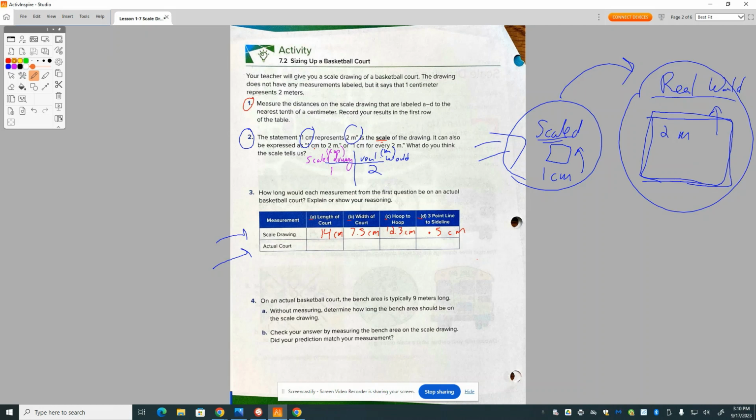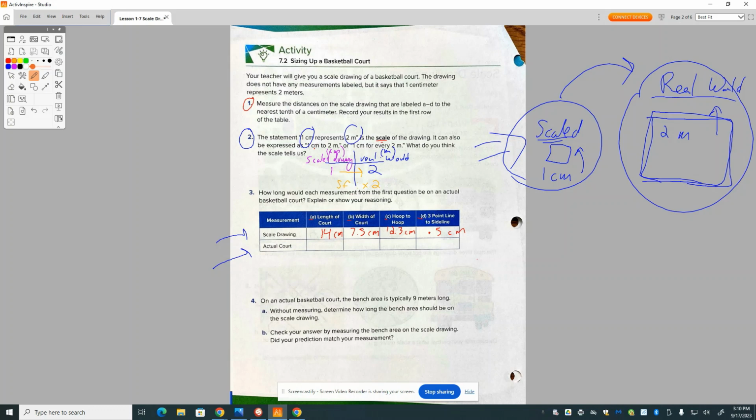Looking at this instance, I can see that there might be a scale factor. A scale factor will help us go from our scale drawing measurements to the corresponding measurements of the real world. Looking at that 1, what can I multiply that 1 by to get 2? I notice that all I would have to do is multiply each value by 2 to figure out how many meters it will be in the real world.